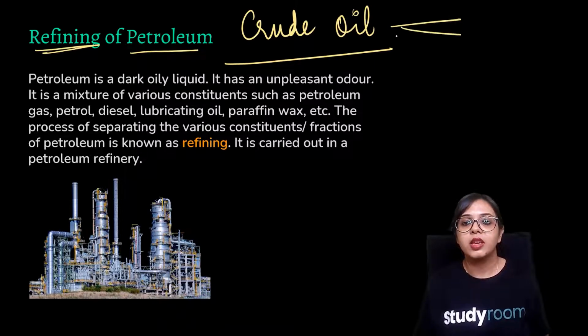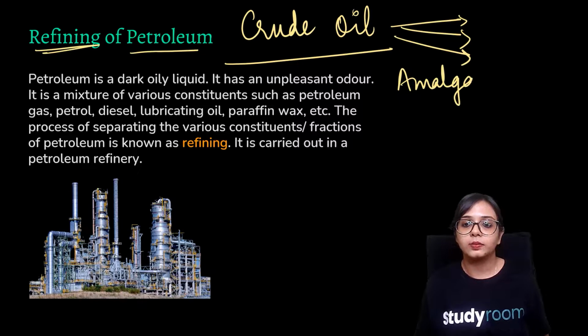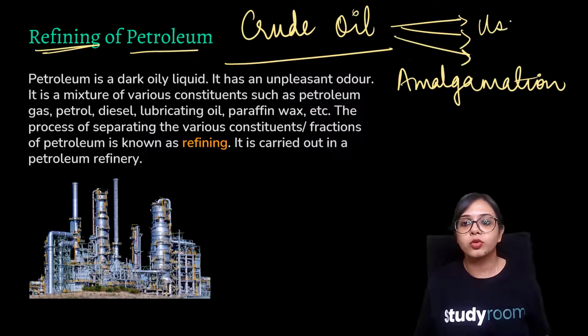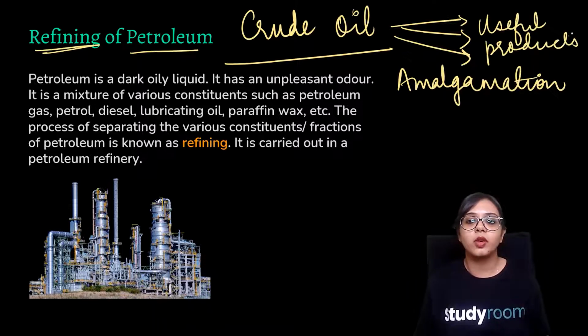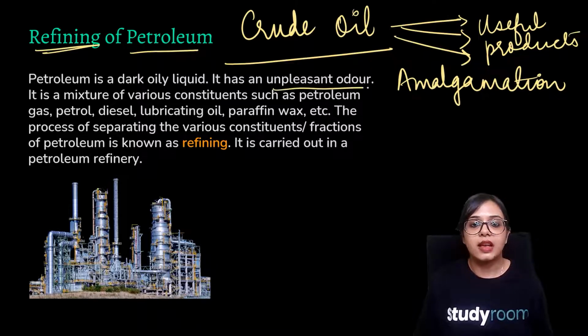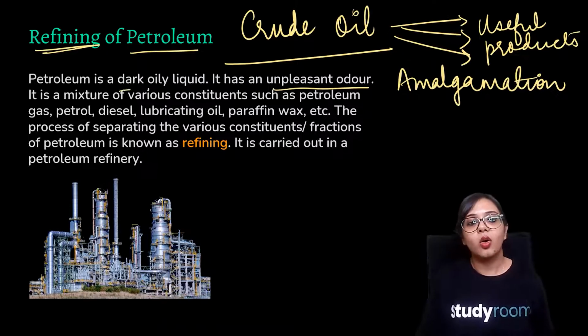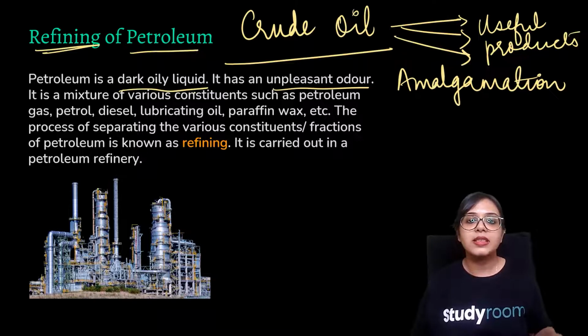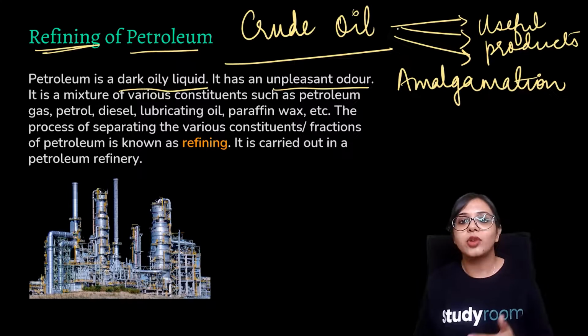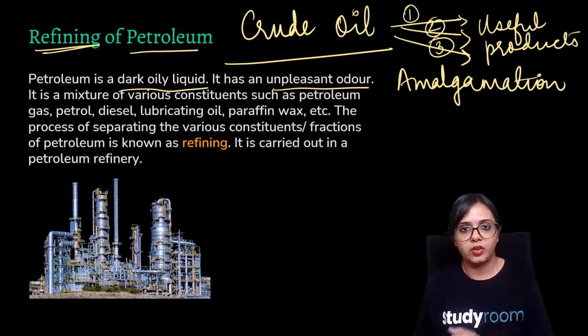You can consider this crude oil as an accumulation of various useful products, not one, not two, but many useful products, and they occur together in the form of this oil. And this oil has an unpleasant odor. It is a dark, oily liquid, and after it is subjected to some chemical treatment, some refining, then you can extract these products individually as 1, 2, 3, 4, 5, however many there are, okay.